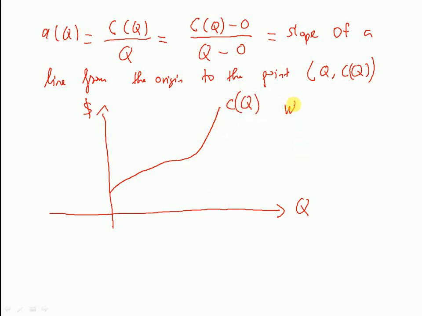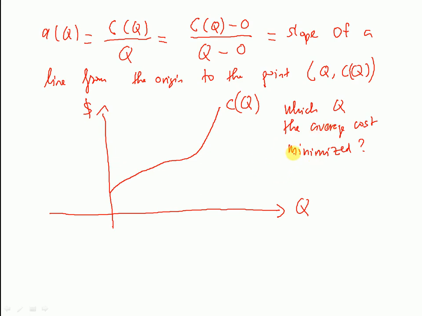The question asks for which Q the average cost is minimized. So when you try to produce the item for your company, you always want to have the lowest average cost possible.